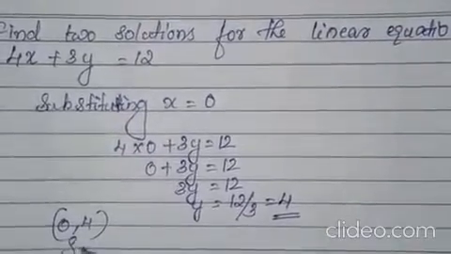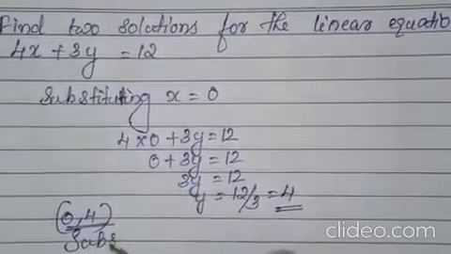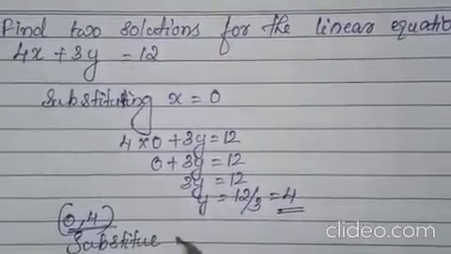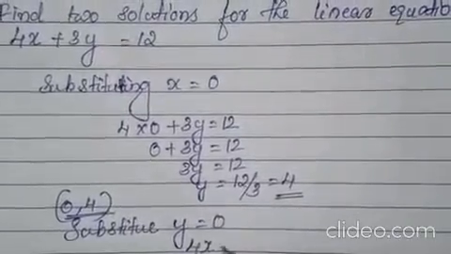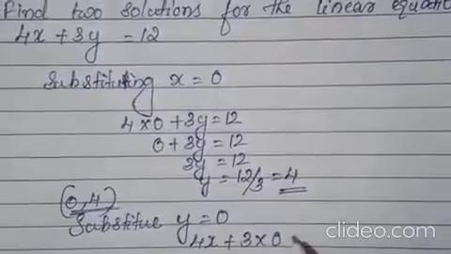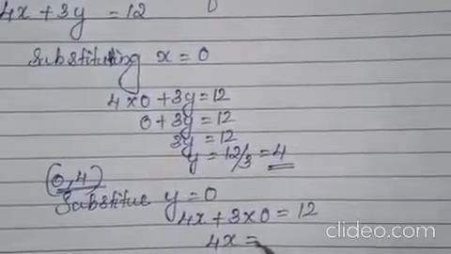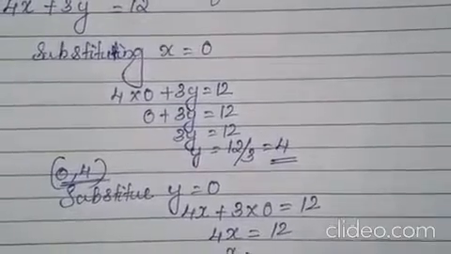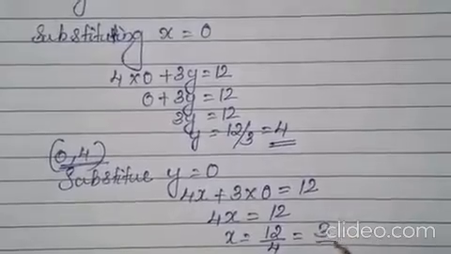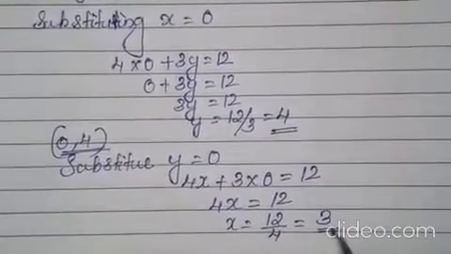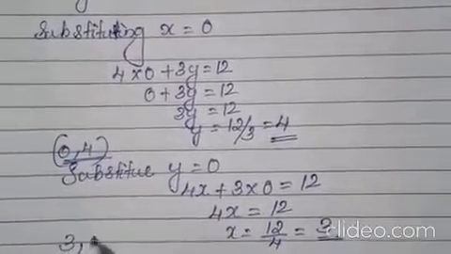Understood? Then again another one. This is the first solution. Then we will substitute y equal to 0. Then 4x plus 3 into 0 equals 12. Then 4x equals 12, so x is equal to 12 by 4, which is 3. So we got x as 3 over here. x should be written first: (3, 0).